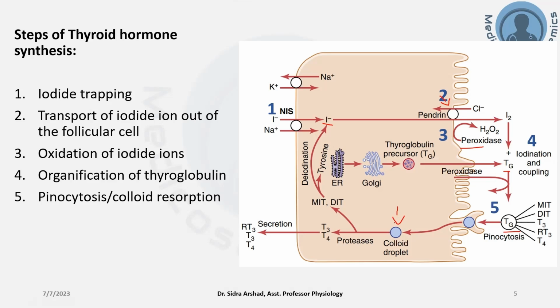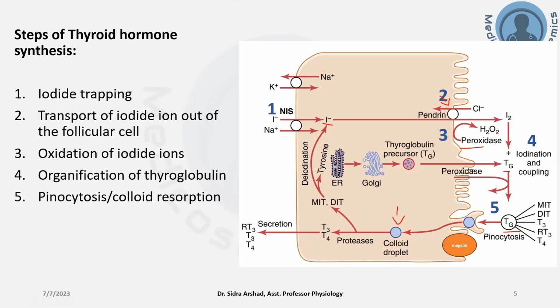There is another process, which is transcytosis, once again, where the thyroglobulin molecule binds with the megalin protein, and this megalin protein and thyroglobulin complex is internalized by endocytosis, and it moves in a similar fashion. So there are two mechanisms. One is simply the pinocytosis of the colloid droplet, which contains the thyroglobulin molecule associated with these thyroid hormones.